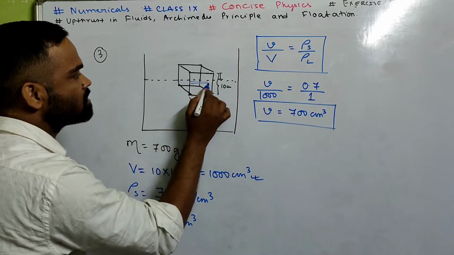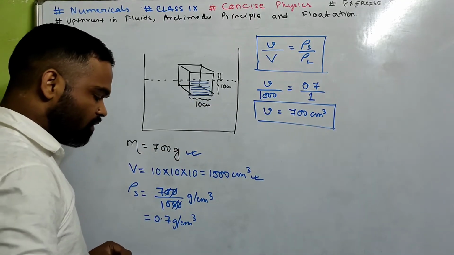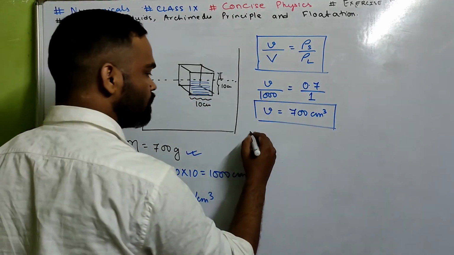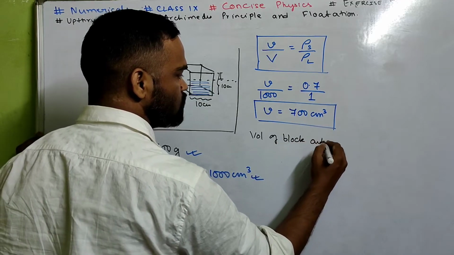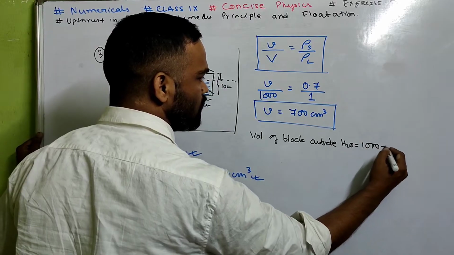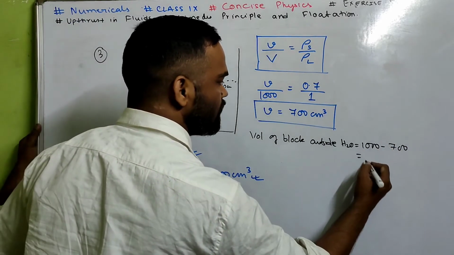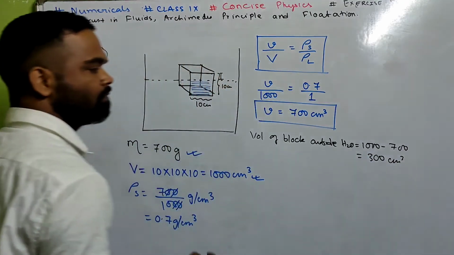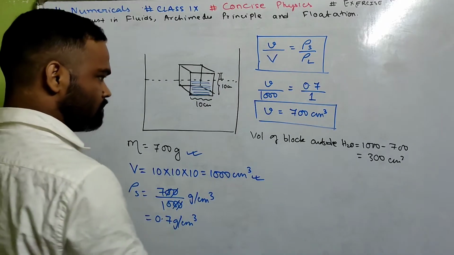The volume of the block outside water is the total volume minus the volume inside water, so 1000 minus 700, that's 300 centimeter cube. Yes or no?